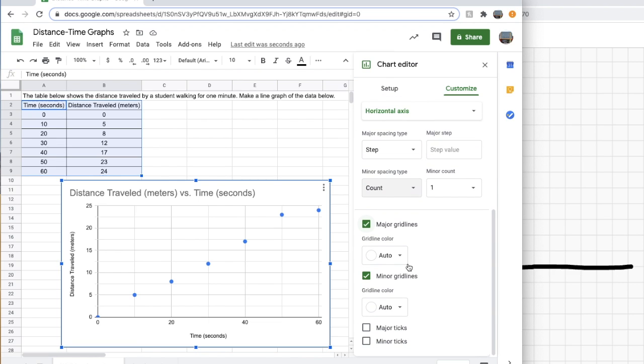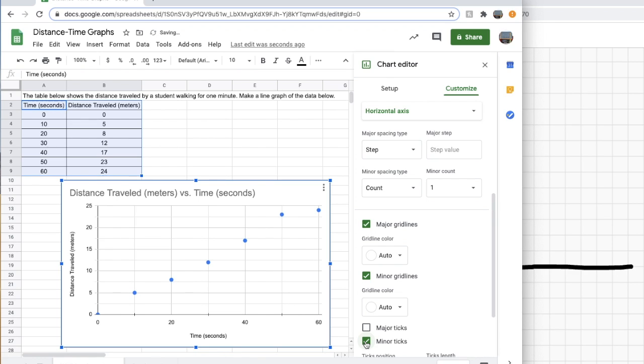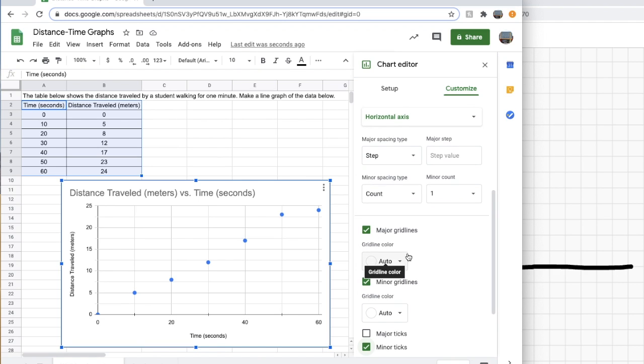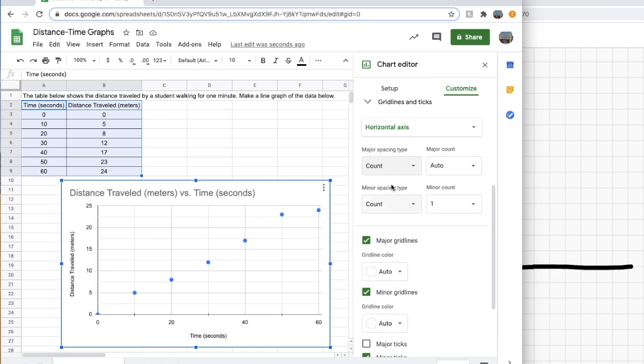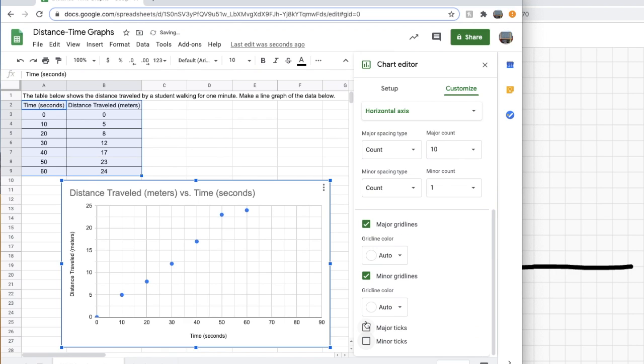We're going to go to count, and let's do minor ticks as well. So now we can actually see every 10 on here. Let's say, I'm actually going to turn that off.